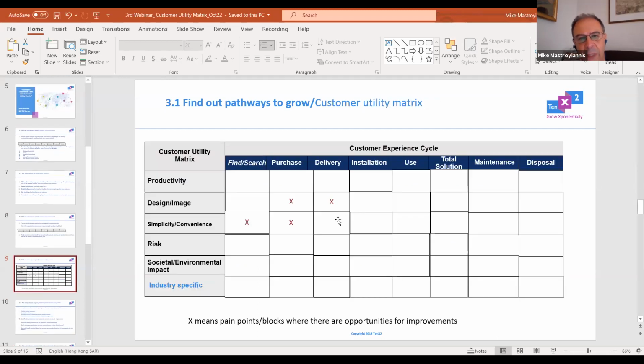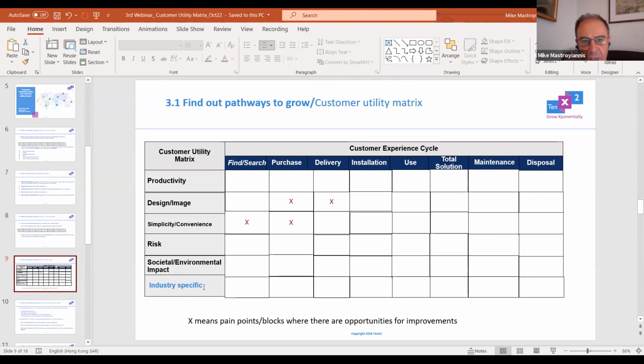Then we use this matrix, as you see here, we call customer utility matrix, and we have on the horizontal axis the customer experience cycle, the different stages, and vertically we have the customer utility matrix. That means the attributes. And we have left also one open place, we call it the industry specific. For different industries, we use different specific attributes.